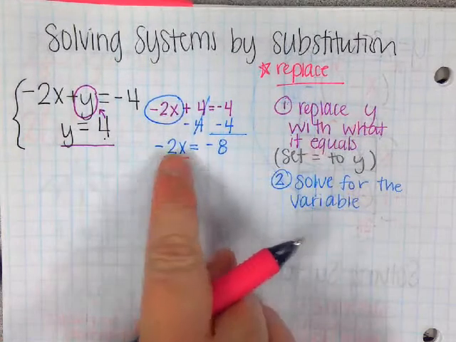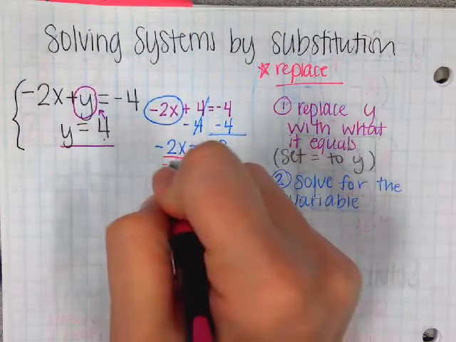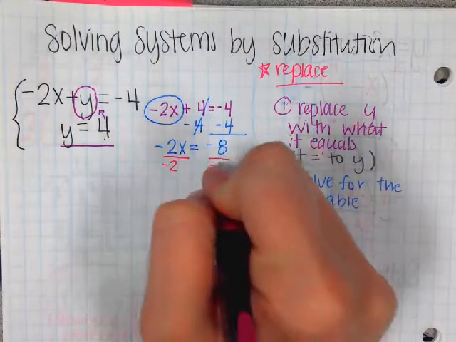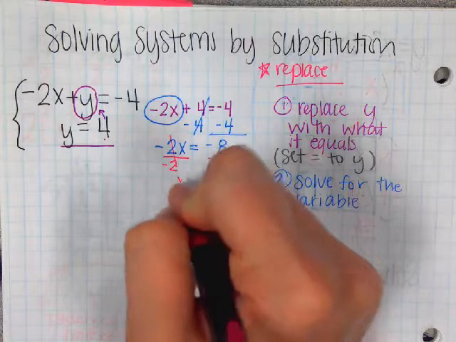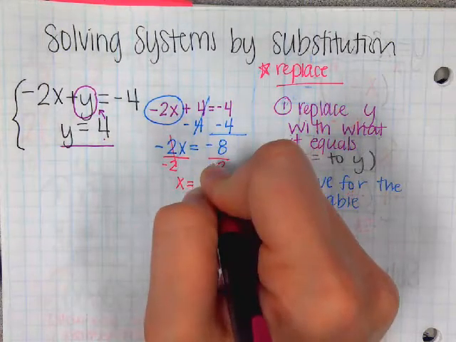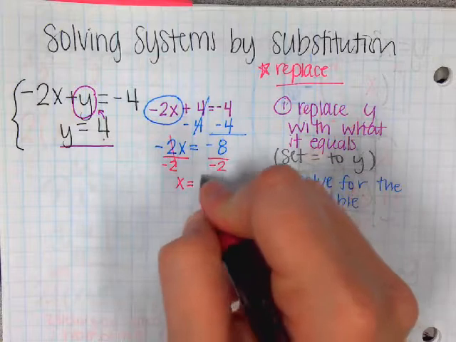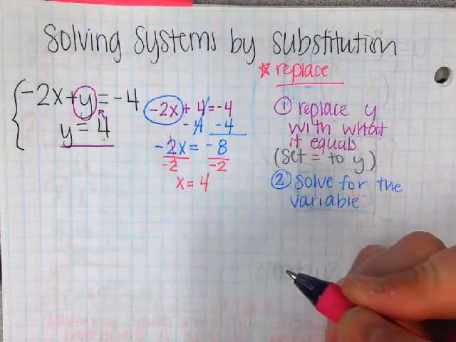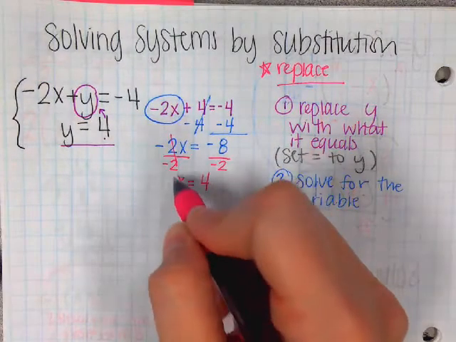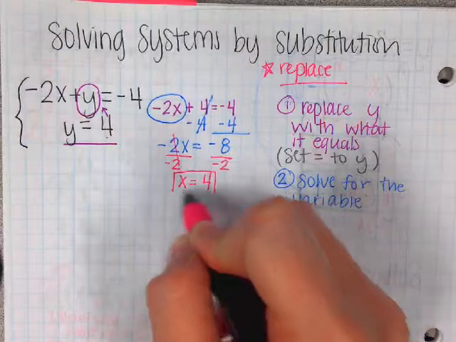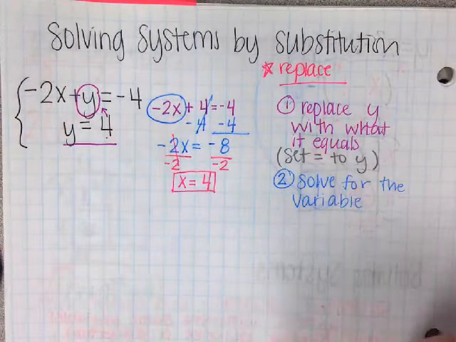Okay, I'm going to finish solving. So it's negative 2 times x, so I need to divide by negative 2 and divide by negative 2. So x equals a negative divided by a negative is a positive. 8 divided by 2 is 4. So that tells me that x equals 4.